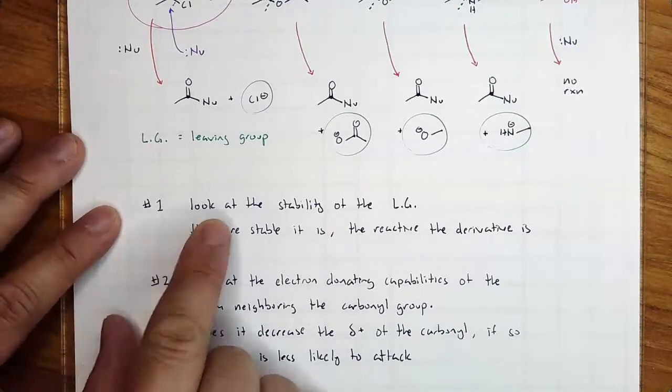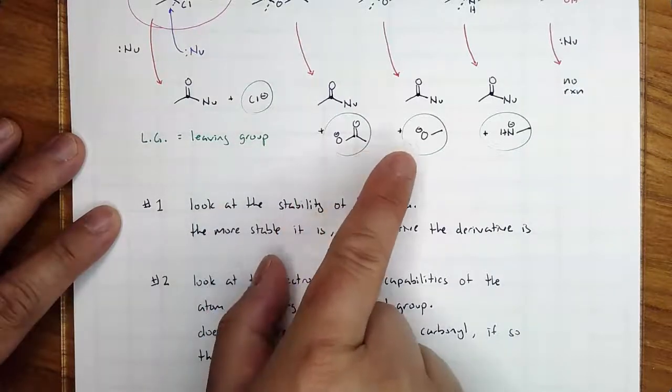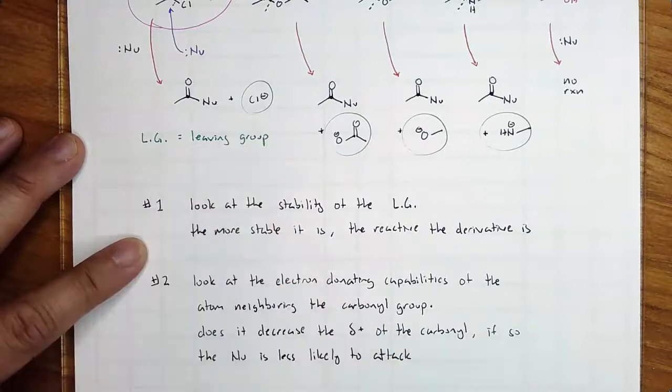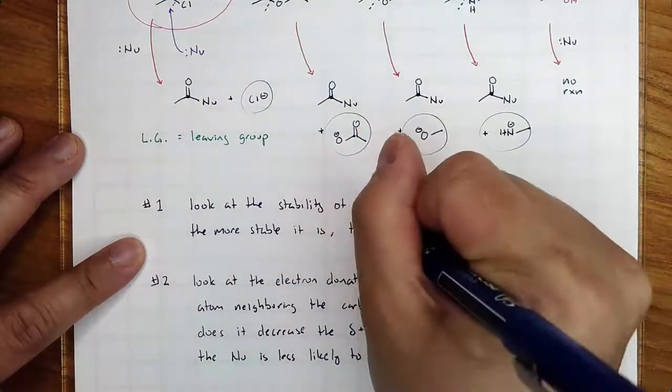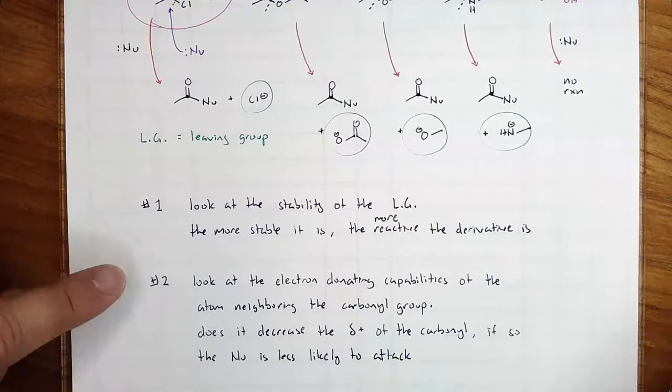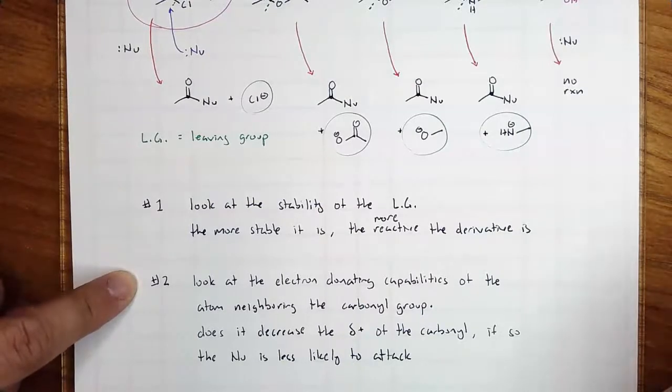We want to look at the stability of the leaving groups, and the more stable the leaving group is, the more reactive the derivative is. But honestly, the better way to explain the reactivity is using approach 2.